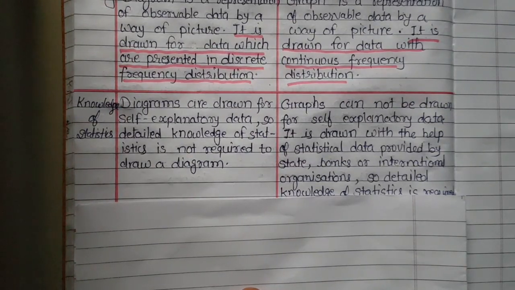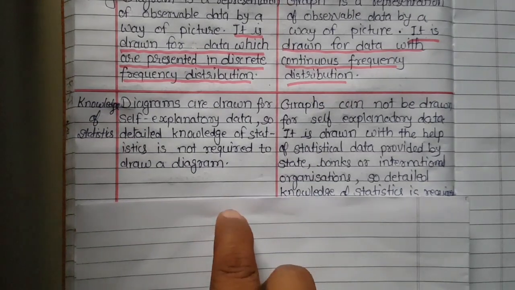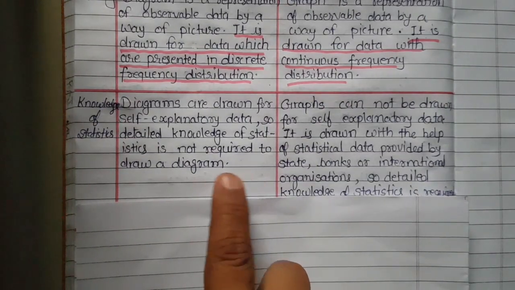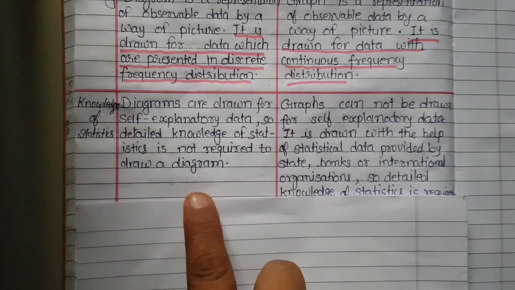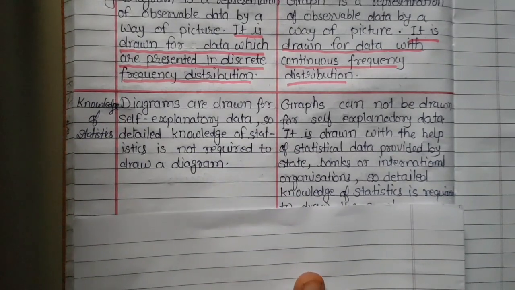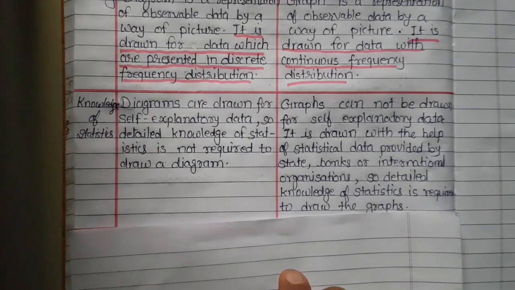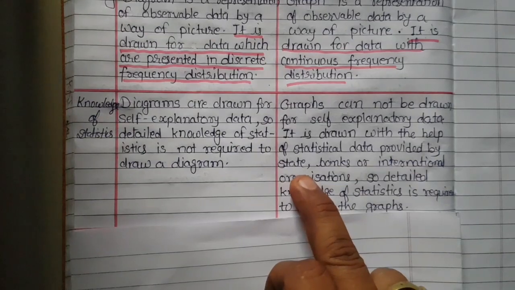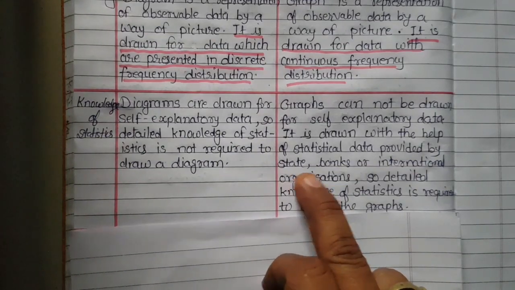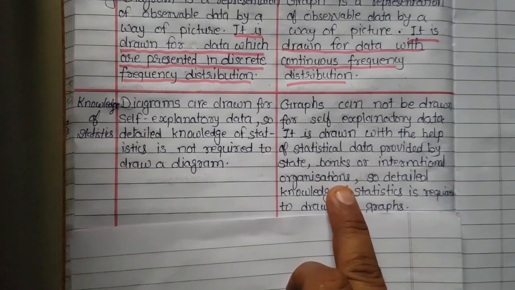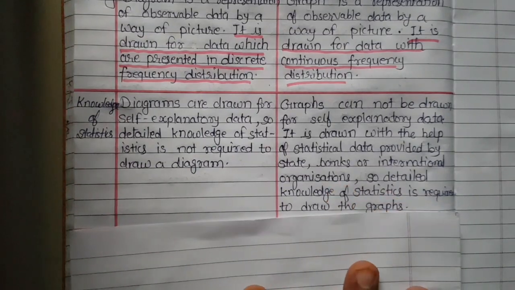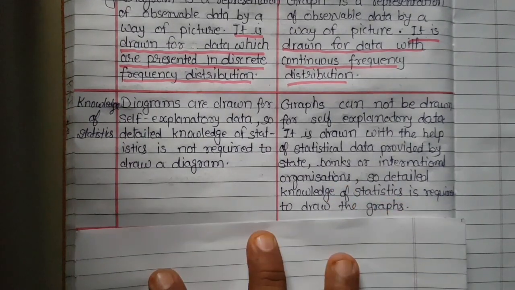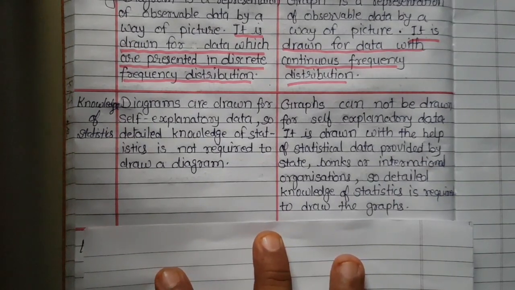So detailed knowledge of statistics is not required to draw a diagram, but graphs cannot be drawn for self-explanatory data. It is drawn with the help of statistical data provided by state governments, banks or international organizations. So detailed knowledge of statistics is required here. Means, to draw a graph, thorough knowledge of statistics is required.